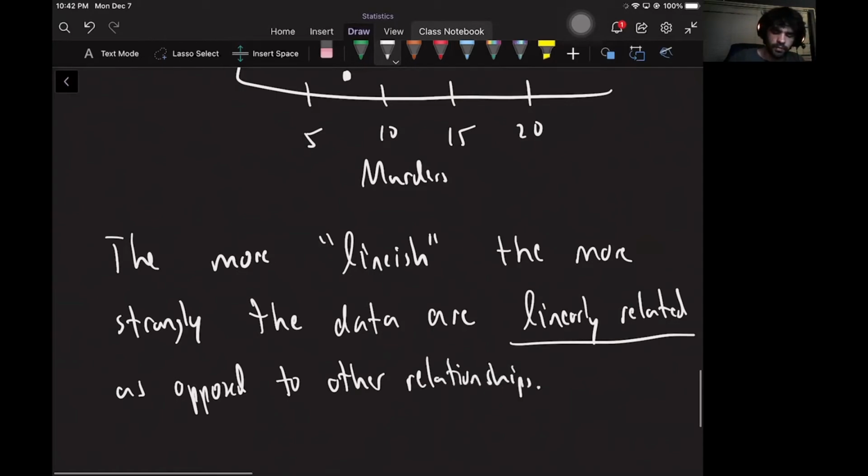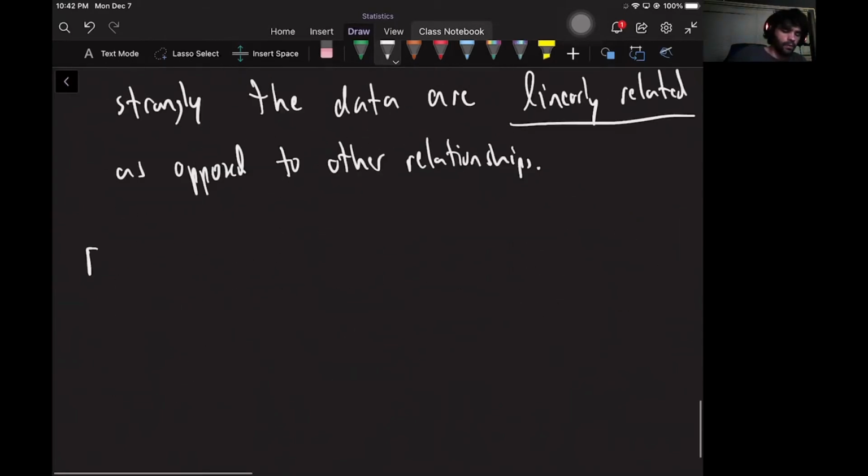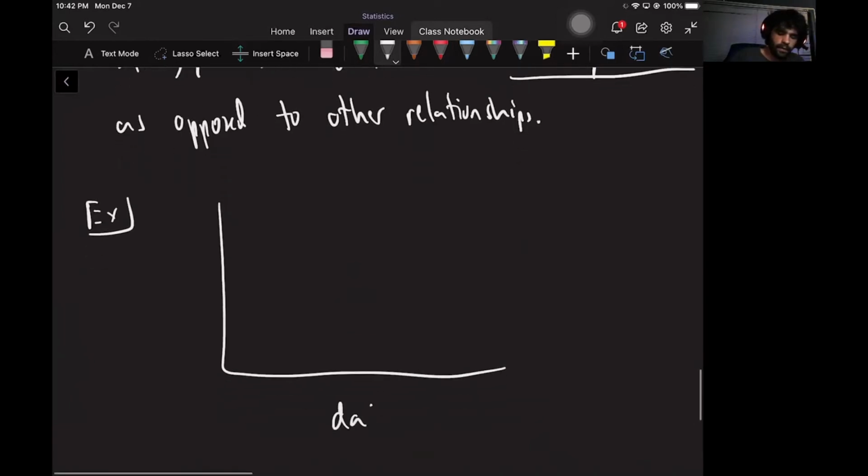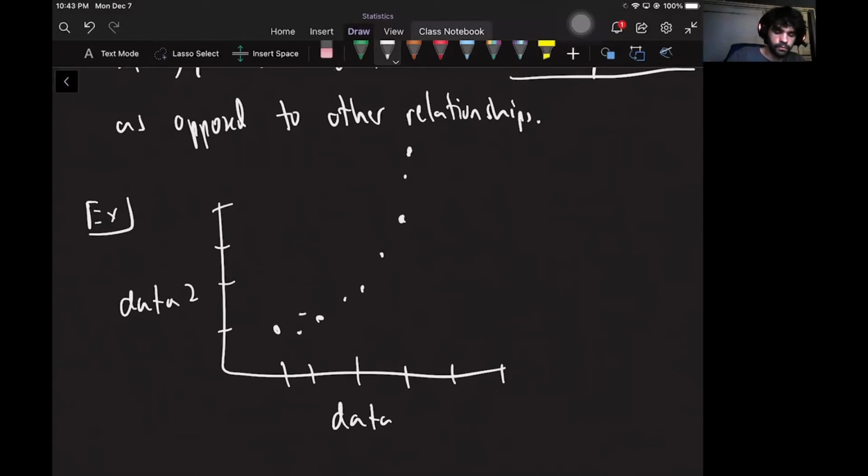So for example, you might have two types of data where as one creeps over to the right, so as the x is increasing, the data 2 type, the y values, they go up super fast or something. So there, it's not really a straight line.